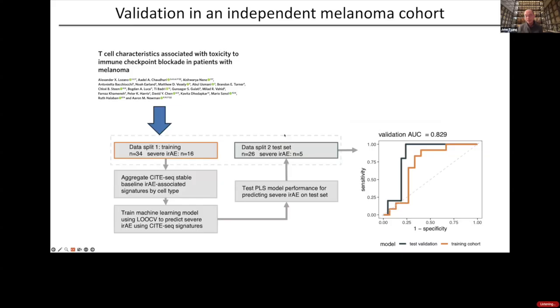And then Matt, this is an older slide. He has now done this even more extensively. He has looked at multiple independent cohorts and asked, can the same signal in different patients with different tumors actually predict these IRAE responses? And the answer seems to be yes so far.